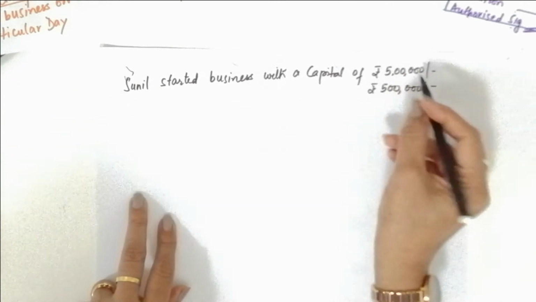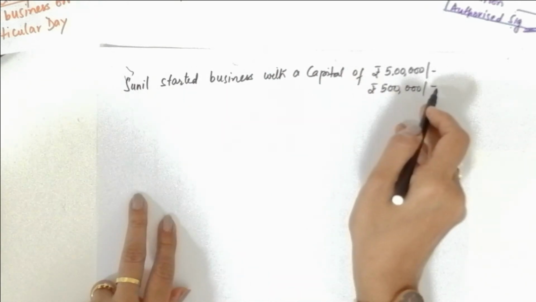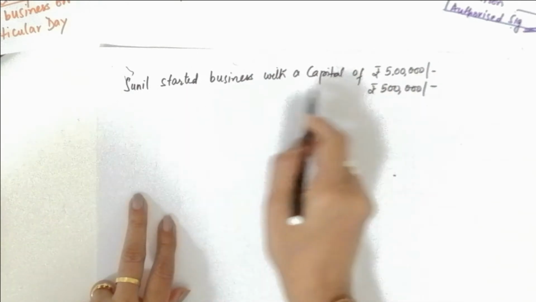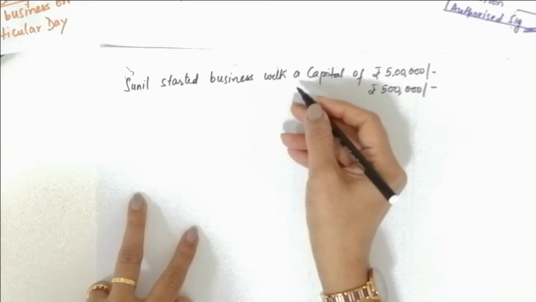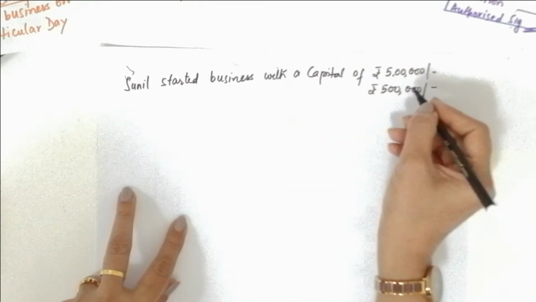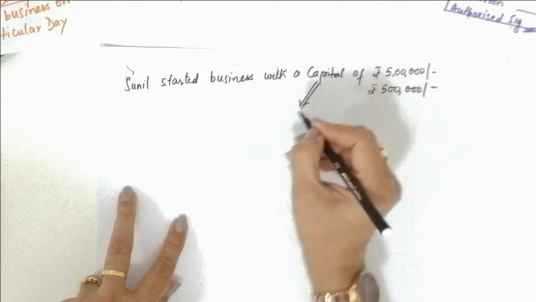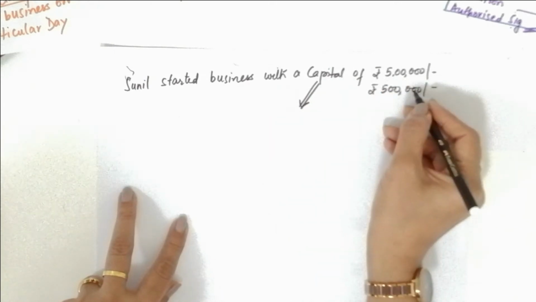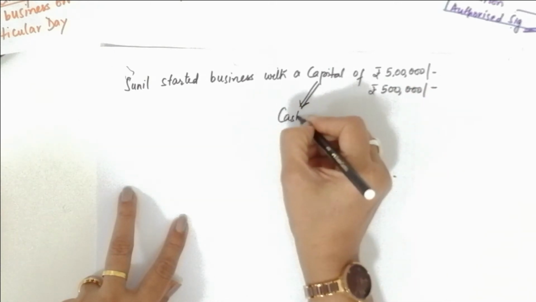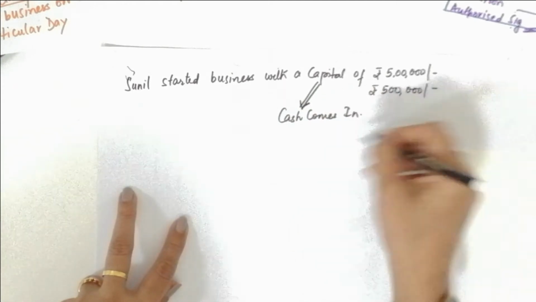Now, this is the information which has come to me, so I need to analyze it. While analyzing it, what do I analyze? I analyze that he is bringing in money. So this is his capital, right? He's bringing in money, so cash comes in, right? And what am I going to credit?